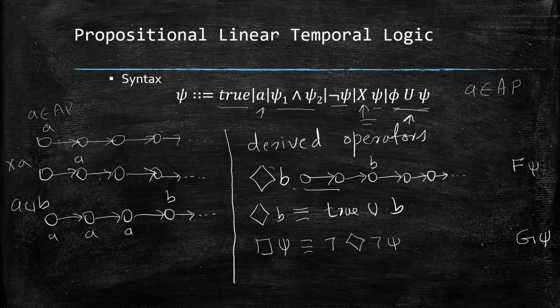If I push the negation inside, this will become a box, and the double negation will become the original formula psi, and we get the left hand side back. If I want to give its interpretation in the form of the infinite trace, I can write something like this, or I can represent it in this way.